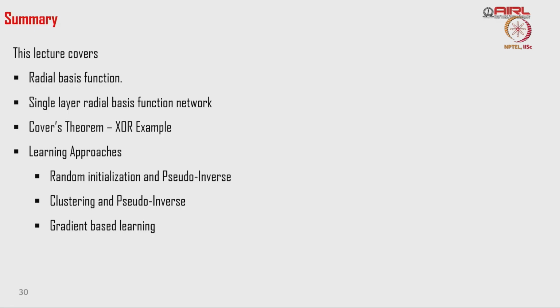In the nonlinear space it becomes linearly separable. In this case the XOR problem we have taken. In input space it is not separable. When we project the input space into phi 1 and phi 2, then we can find a line to separate; we demonstrated that.